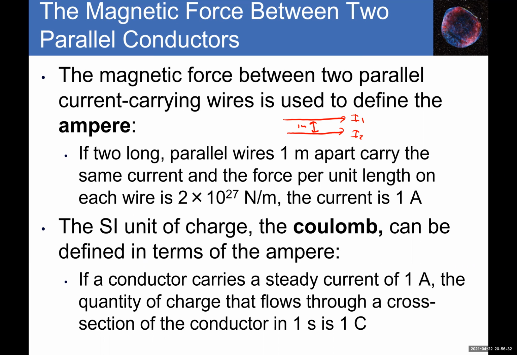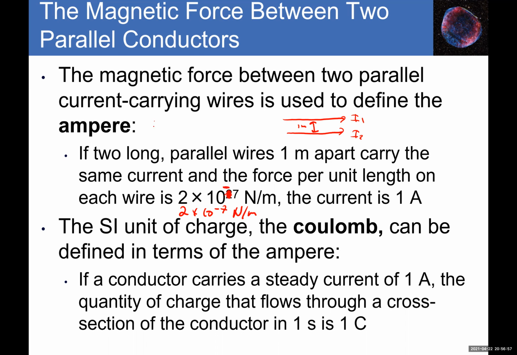If we measure the force per length, and it equals 2 times 10 to the -7, sorry guys, this should be -7, so 2 times 10 to the -7 newtons per meter, then the current in those wires is exactly 1 amp.